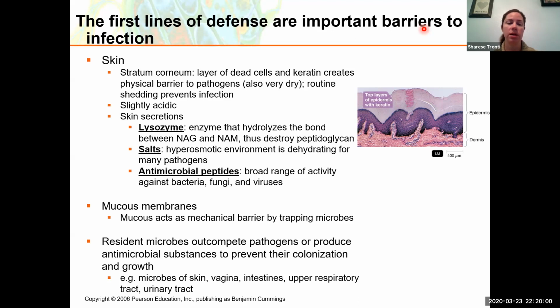And then lastly, the resident microbes are part of the first line of defense. And as we know, resident microbes help to compete with pathogenic microbes. And they will also produce these antimicrobial substances that will make them more competitive against the other pathogenic microbes.